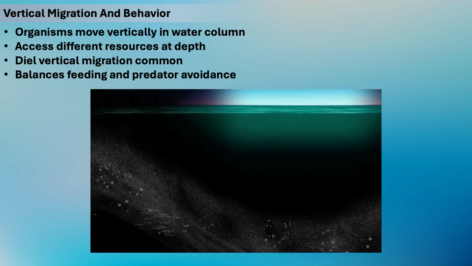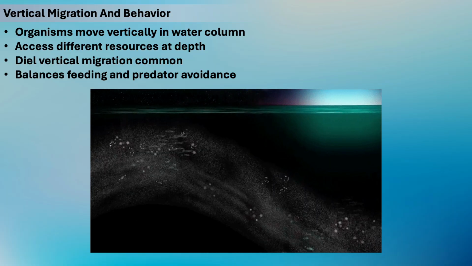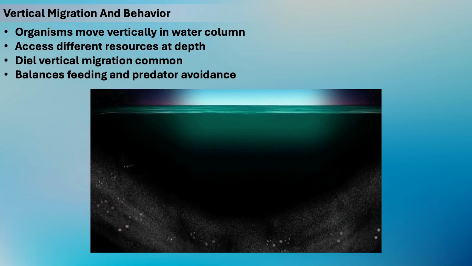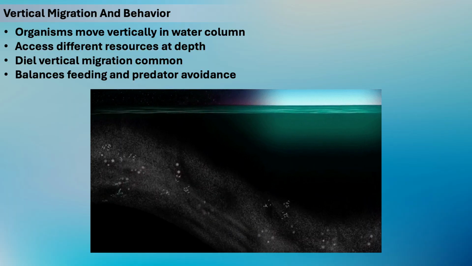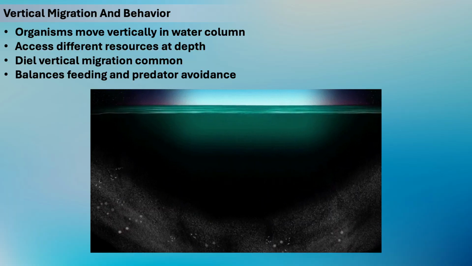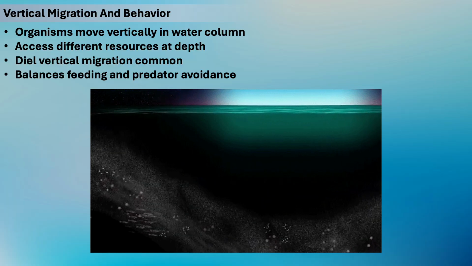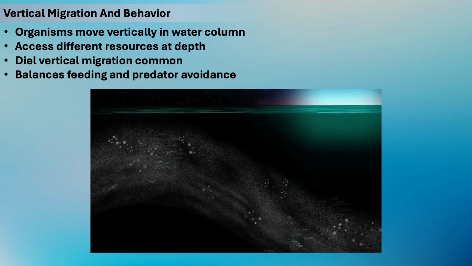In this way, DVM is not just a behavioral adaptation, it's a biological transport mechanism that links surface productivity to deep ocean processes. It represents a direct connection between organism behavior and large-scale ocean biogeochemistry.